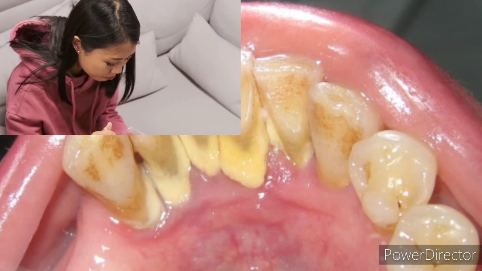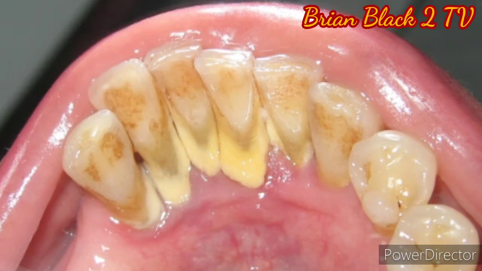Once areas of enamel are worn away, the bacteria and acid can reach the next layer of your teeth, called the dentine. This layer is softer than enamel and less resistant to acids. Dentine has tiny tubes that directly communicate with the nerve of the tooth, causing sensitivity.